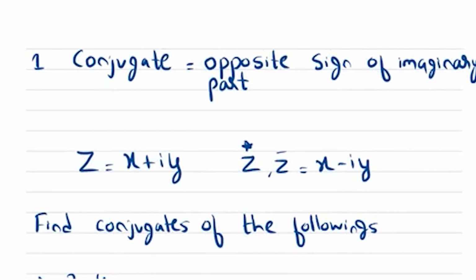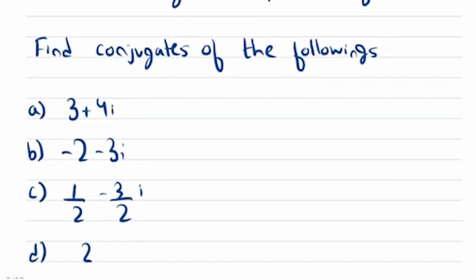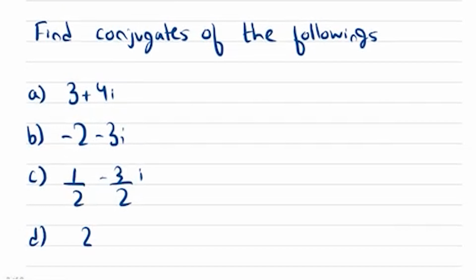What's conjugate? It means opposite sign of the imaginary part. It's denoted by this sign, or any other sign that's mentioned in the question. So what will be the conjugate of 3 plus 4 iota? It's going to be 3 minus 4 iota. What will be the conjugate of -2 minus 3 iota?